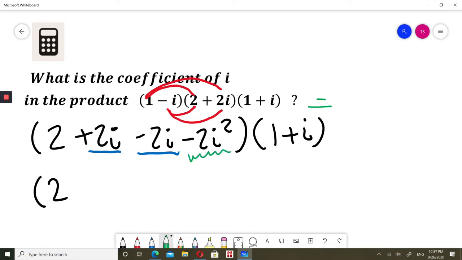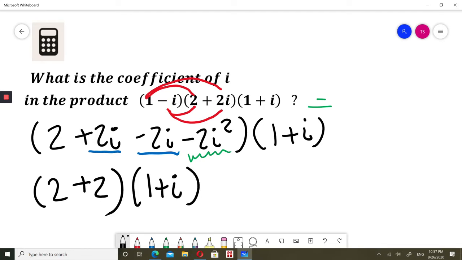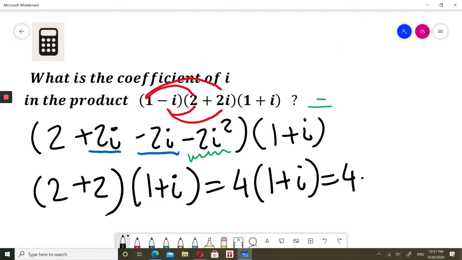I know i squared is just negative 1, so minus 2 times negative 1 will be just plus 2. Then I have (1 + i). Now I simplify: 2 plus 2 is 4, times (1 + i). 4 times (1 + i) is just 4 plus 4i.